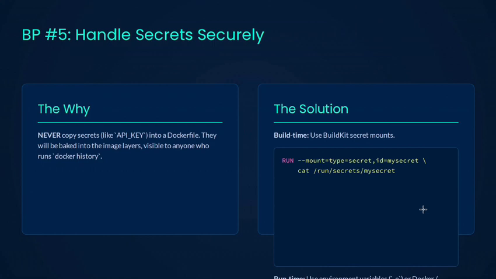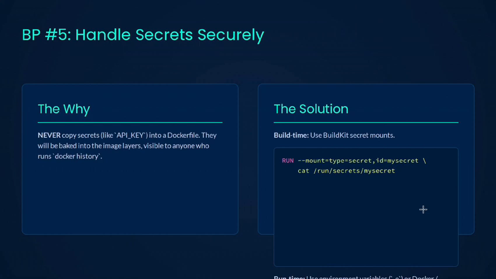So how to handle secrets? This is a fatal mistake. Never write COPY secret.env or ENV API_KEY=your-secret directly in your Dockerfile. These values are baked into the image layer.